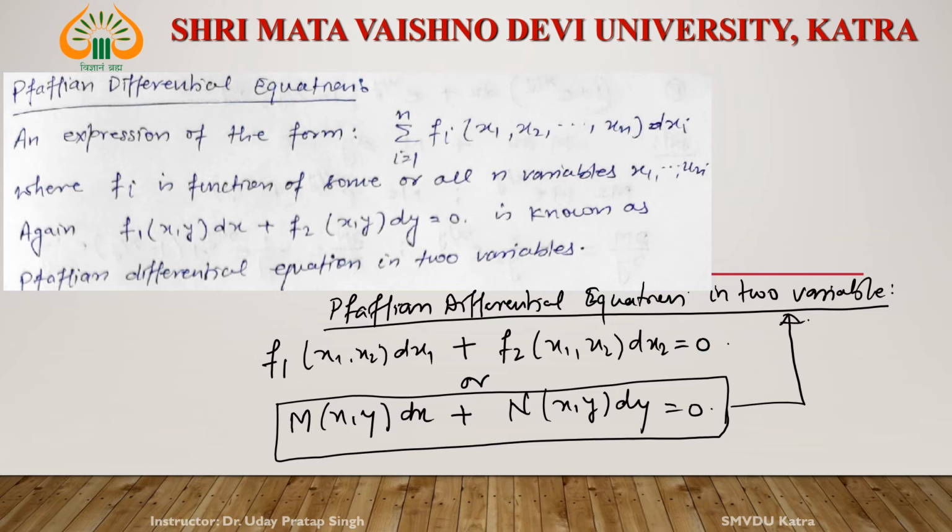This differential becomes exact if the partial derivative of capital M with respect to y is equal to the partial derivative of capital N with respect to x. So this equation becomes exact when this condition is true, and conversely, when this condition is true, then this equation becomes exact. This is the necessary and sufficient condition that a Pfaffian differential equation in two variables is exact.